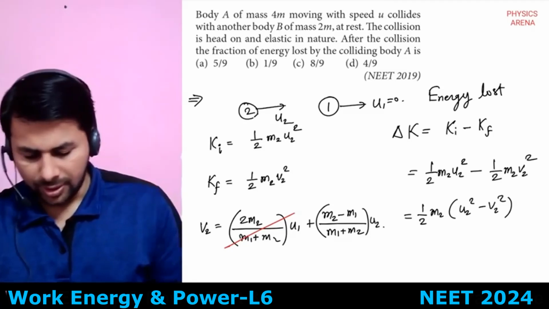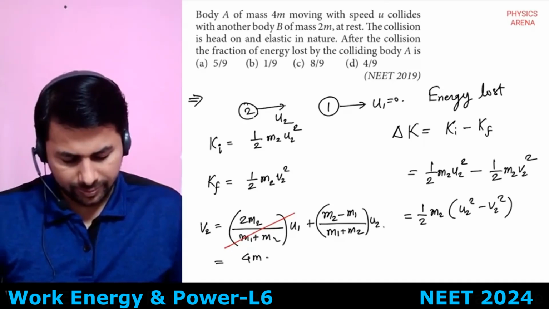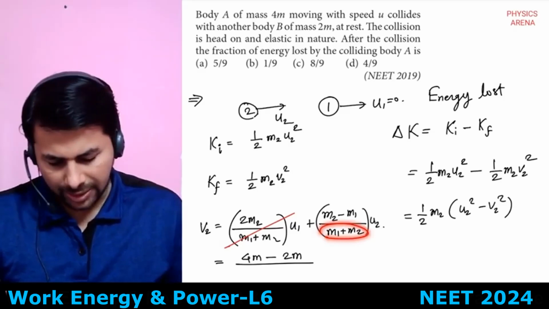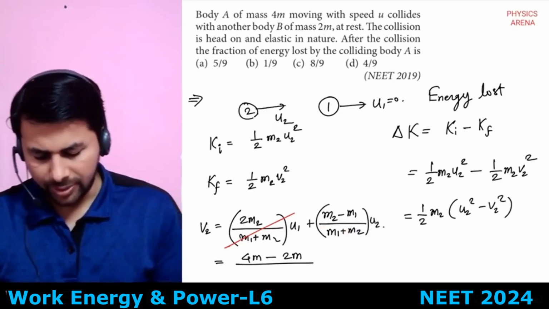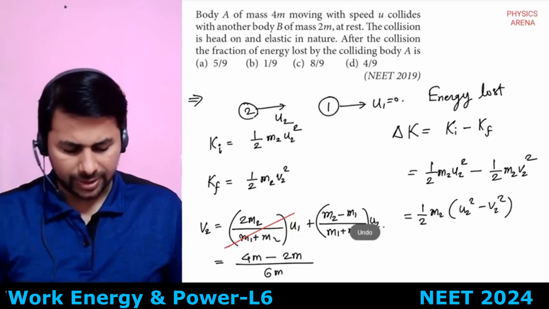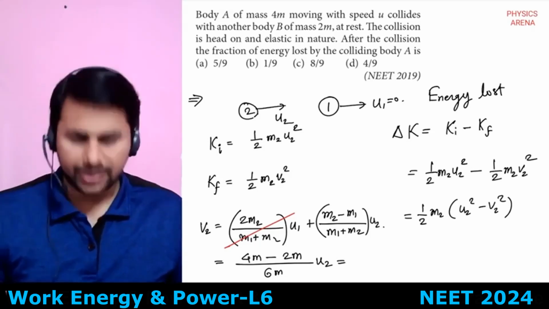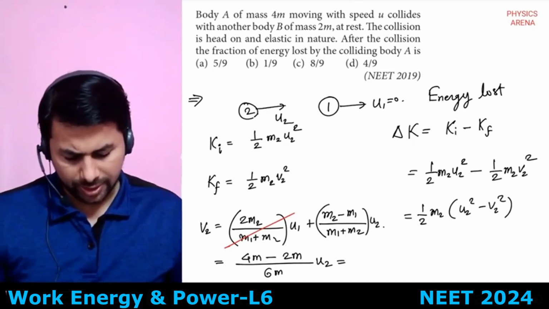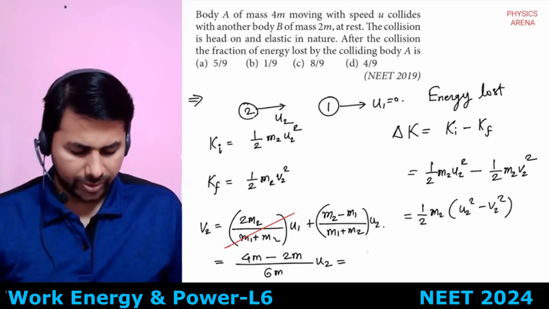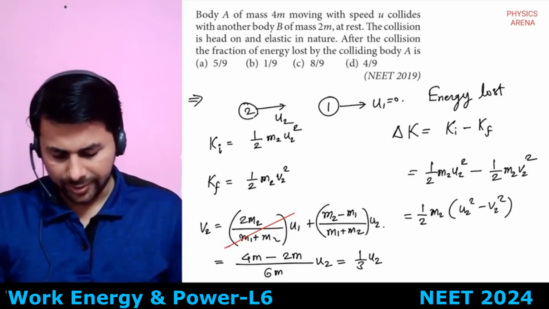So that is 4m minus 2m, which is 2m, divided by m1 plus m2. What is m1 plus m2? 4m plus 2m, 6m, multiplied by u2. So this is equal to 2m upon 6m, which is 1 by 3. So 1 by 3 u2.